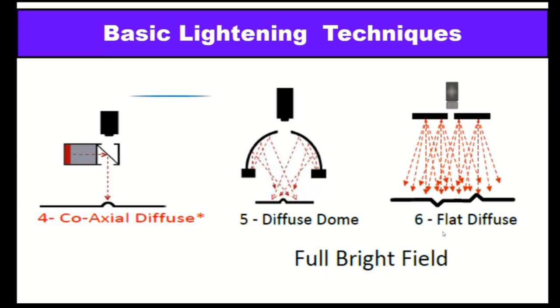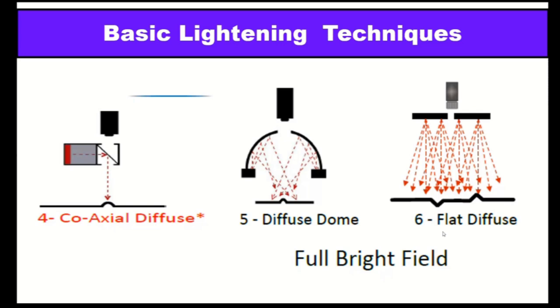In coaxial diffuse, coaxial means the axis of the camera and the axis of the light source are both aligned. So a reflector or filter is generally placed in front of the light source, and that will reflect light 90 degrees without obstructing the camera view, and the camera can capture in line with the light source.